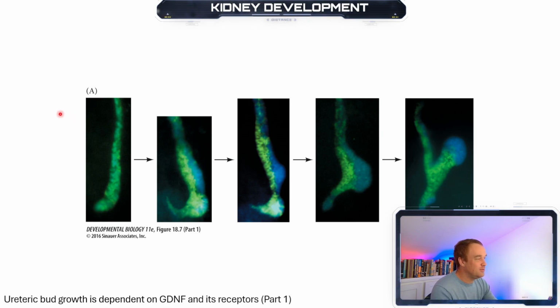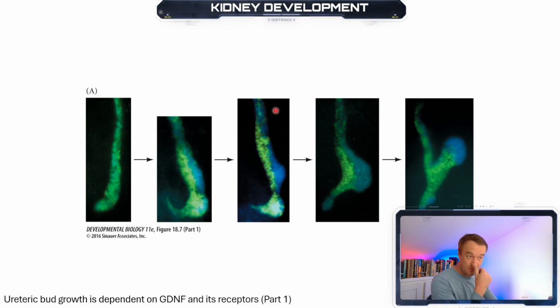So this ureteric bud growth is highly dependent on this molecule called GDNF and its receptors. And so in this case here, we had mice that had retinoic acid deficient cells, these green cells, and RET expressing cells, which are the blue cells here.